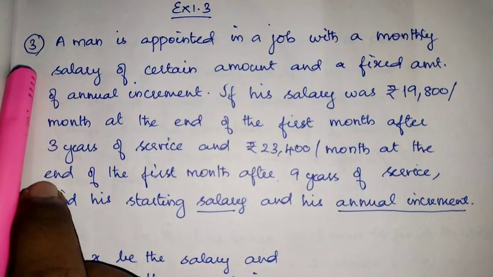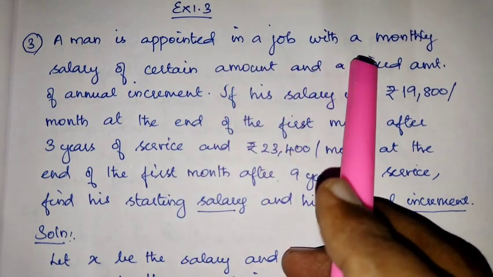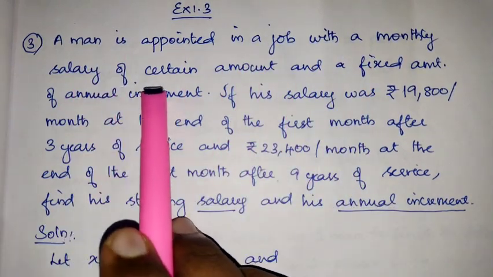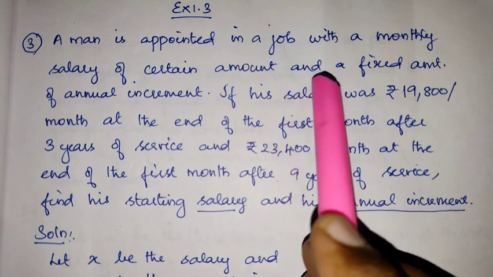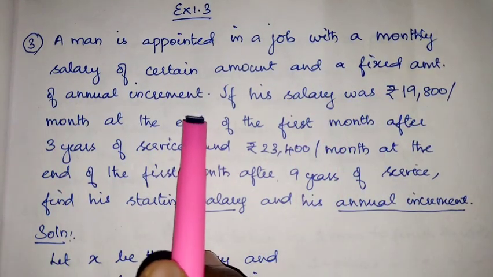Now sum number 3. A man is appointed in a job with a monthly salary of a certain amount and a fixed amount of annual increment.